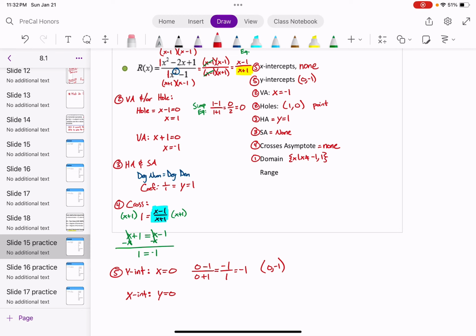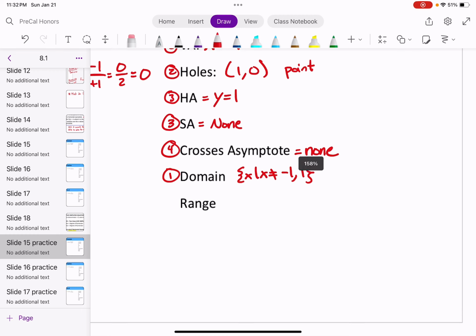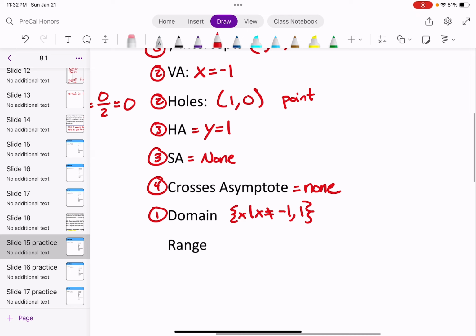And we're also going to say 0, because remember, it's going to be a hole. So there are two places where we do not have something occurring on the y side of our graph. So because of those two things, we know that y cannot equal 0 and 1. And that is our last step.